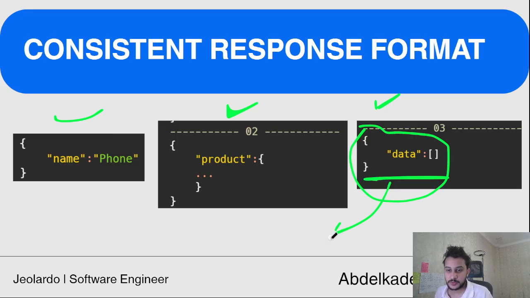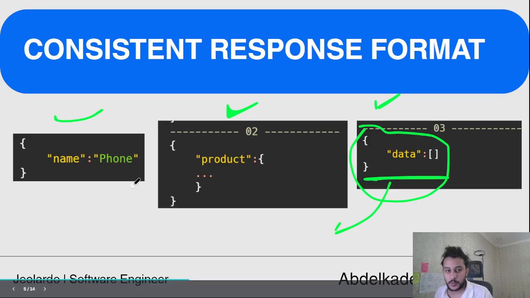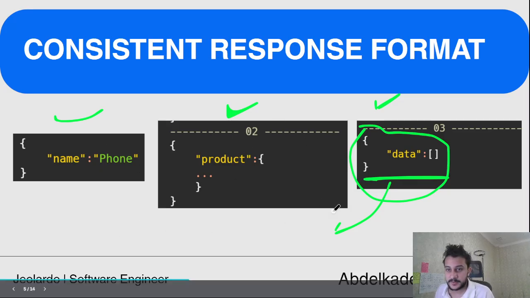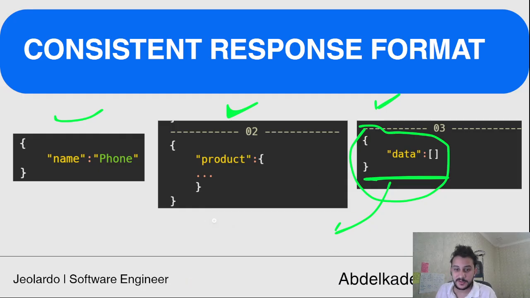For example, you should return this for users, and also with product, with categories, with order items, also with review to see all the reviews. So keep the structure of your response the same with all endpoints of your API. So here is the character of consistency. Okay, so the response should be the same with all the endpoints or different resources.